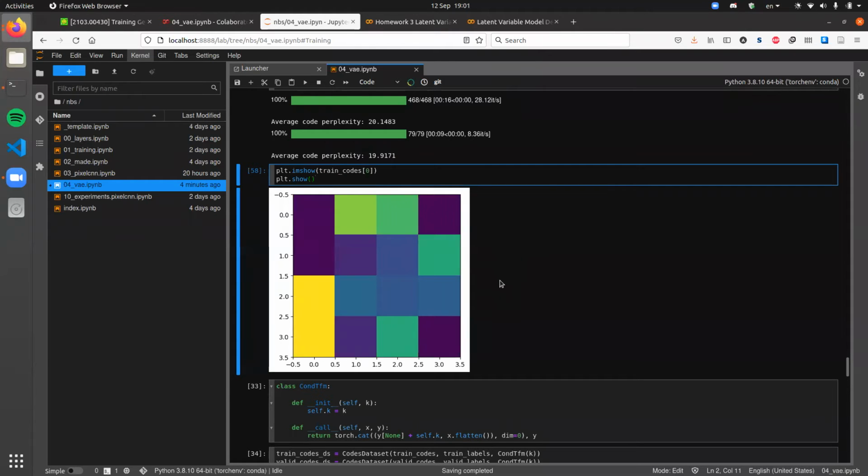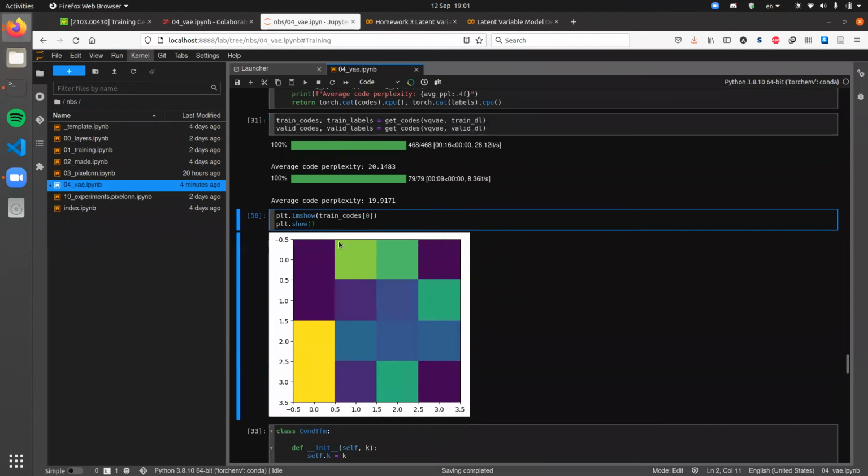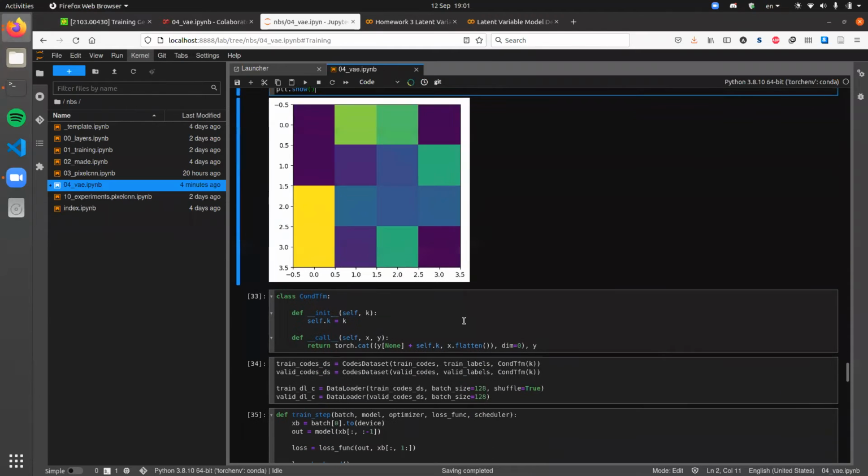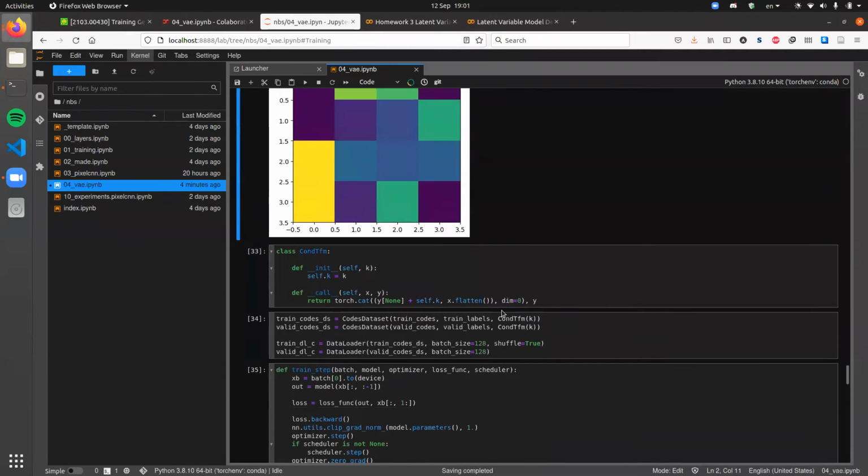Basically, if our latent space does not have any kind of meaningful ordered representation, then it will probably be really hard to make it work. So that's just a random idea.